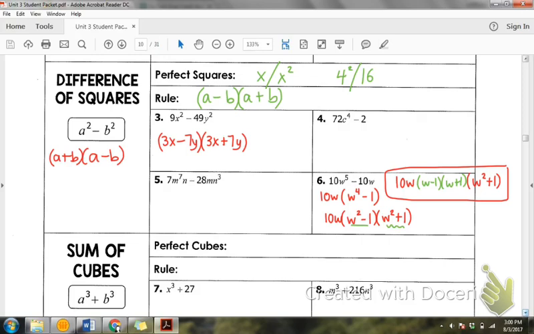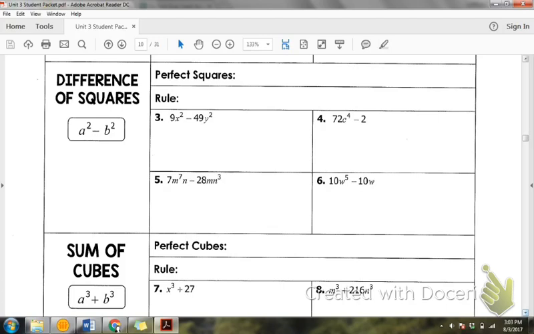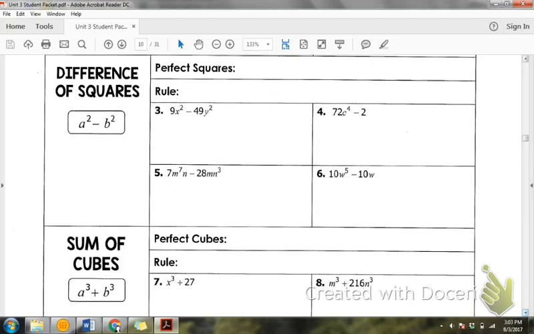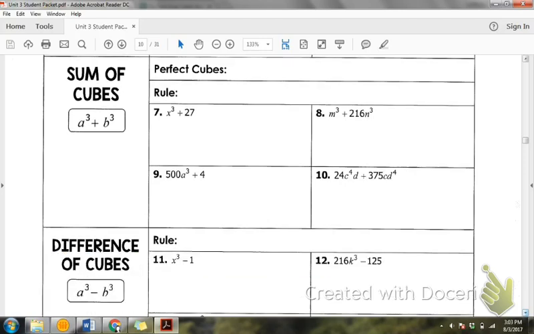So if we look at sum of cubes and difference of cubes, okay? Sum of cubes and difference of cubes. What is a perfect cube? Anybody? A number times itself 3 times. So over here to the left, if you have room, we're going to make a little chart.